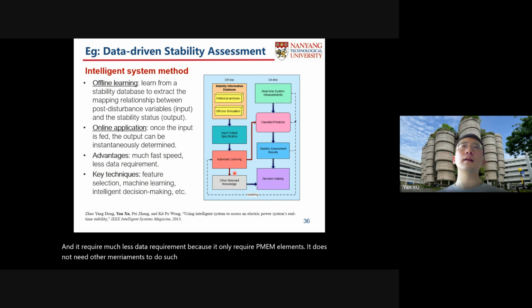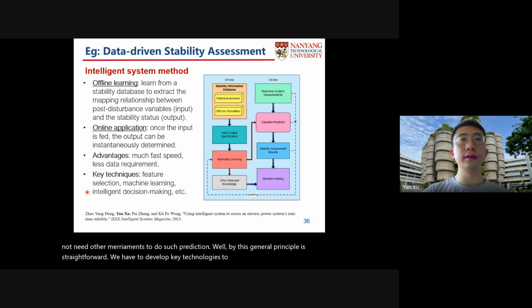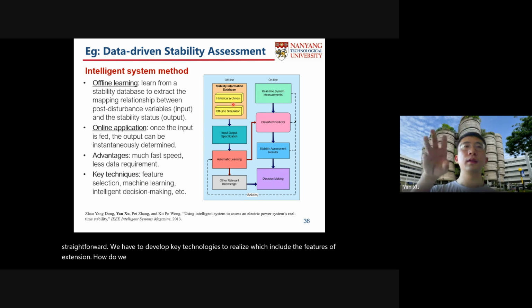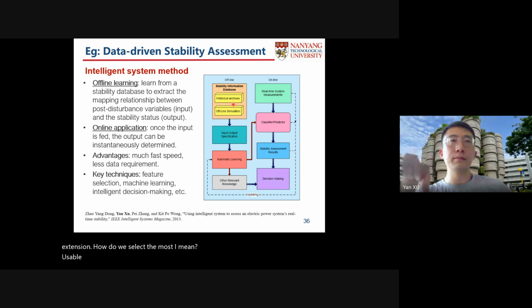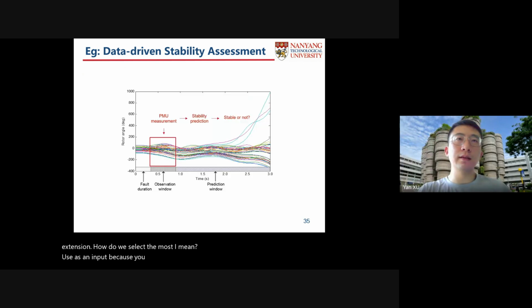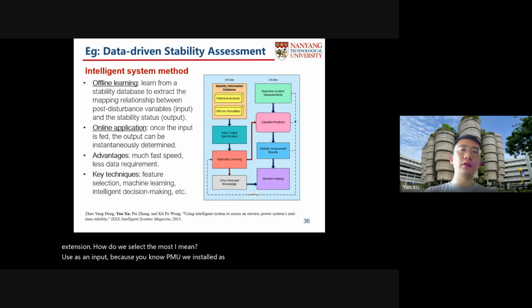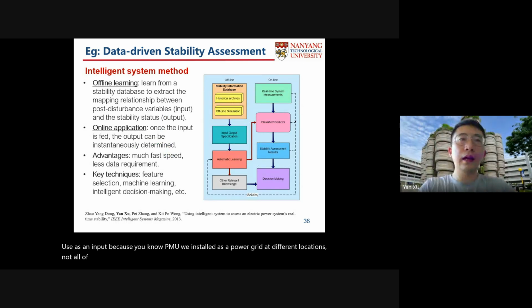While this general principle is straightforward, we have to develop key technologies to realize it, which include feature selection. How do we select the most useful PMU measurements as the input? Because PMUs are installed in the power grid at different locations, not all of them are equally useful for the machine learning model.